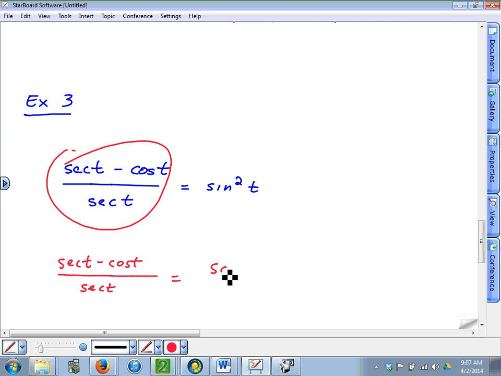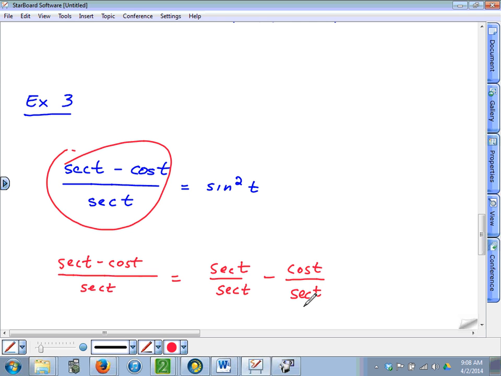Are these equal to each other? What did I do there? I kind of just separated the one fraction into two.